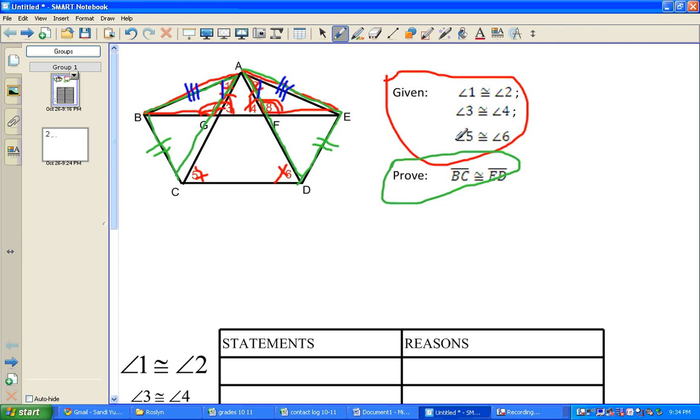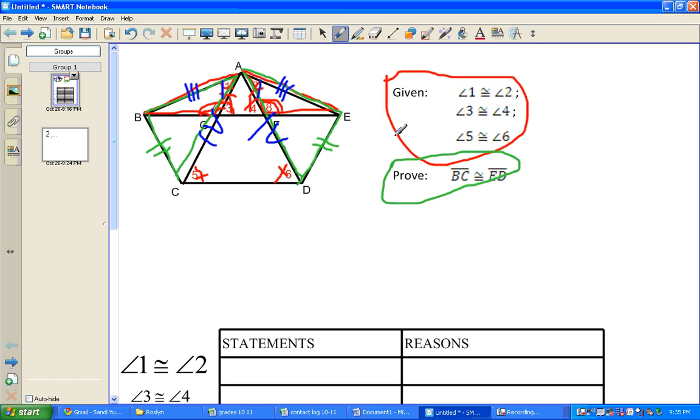We cannot forget angle 5 and 6. Because angle 5 and 6 are congruent, we realize the triangle ACD must be an isosceles triangle, just like the small triangle way on top. Opposite the congruent angles, the sides must also be congruent, right over here. And between these two green triangles, we can say that they are congruent by SAS.